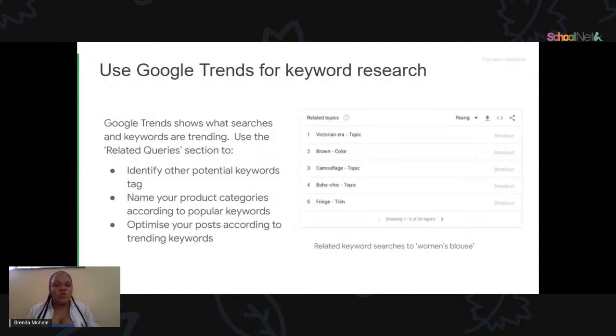But with those keywords, you must make sure that you are naming the product according to the popular keywords. Don't use difficult keywords where people cannot find you. Use keywords that are popular, like blue trousers, or maybe there was this trend on chino.